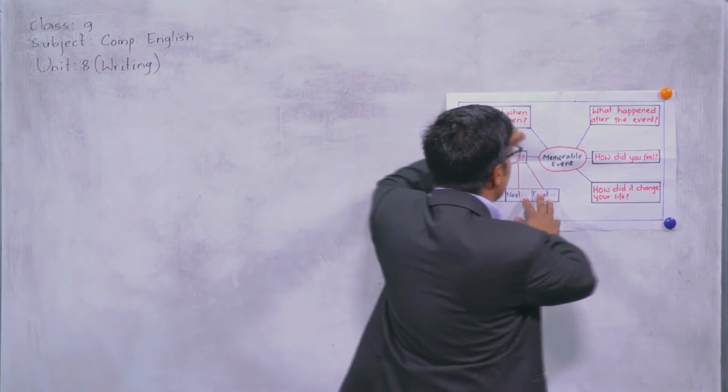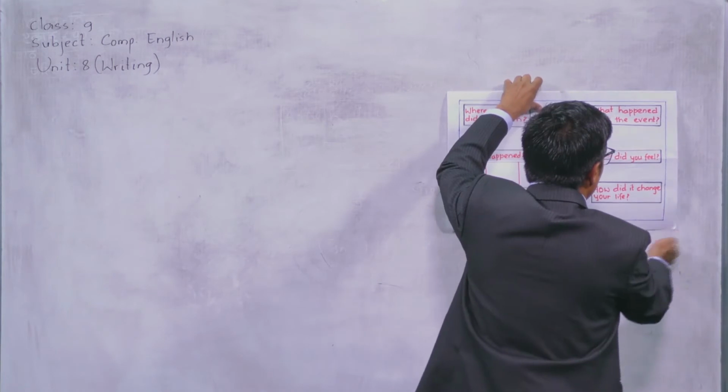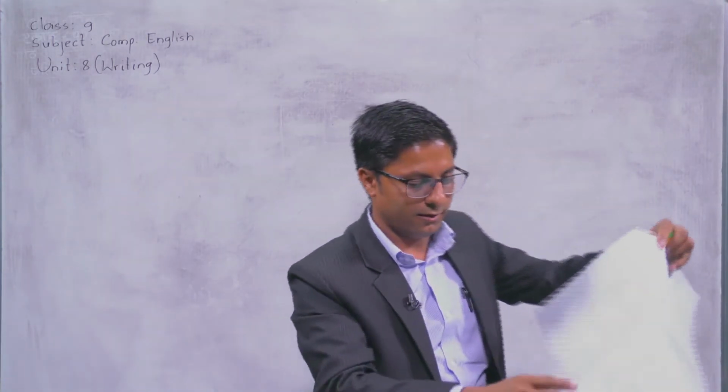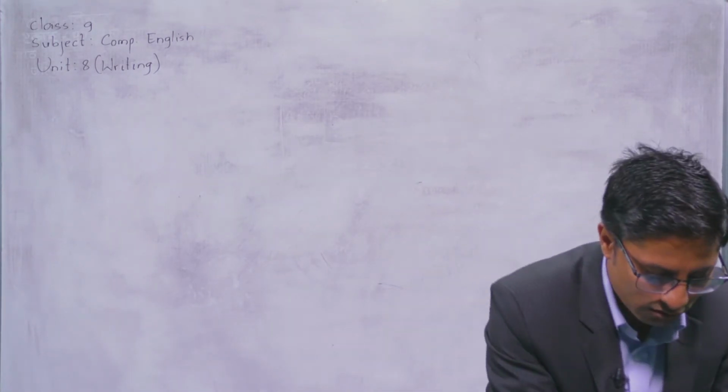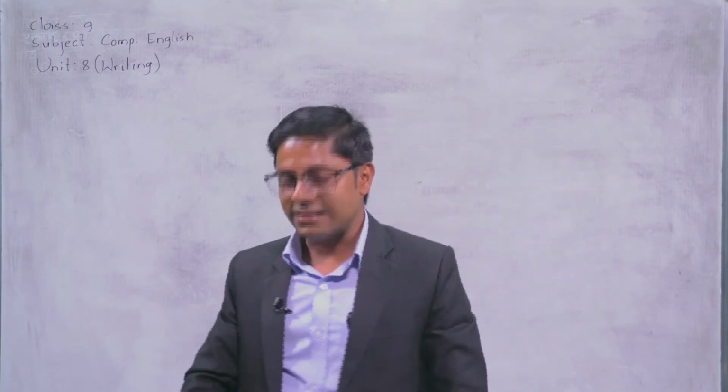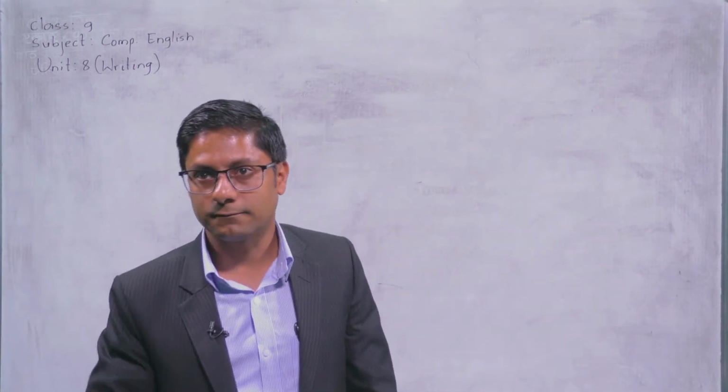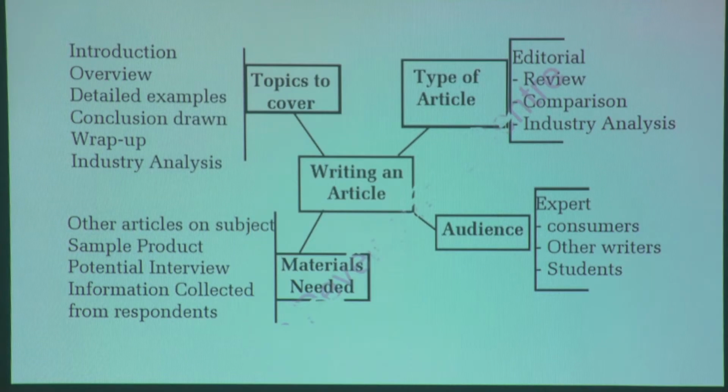Now, you are not going to use this chart. You have another chart to be followed. You can see it on the screen. While writing an article, what things should be considered?